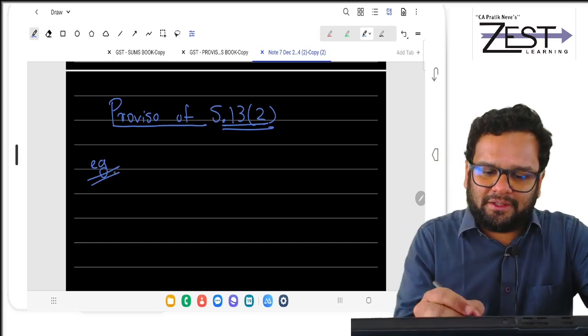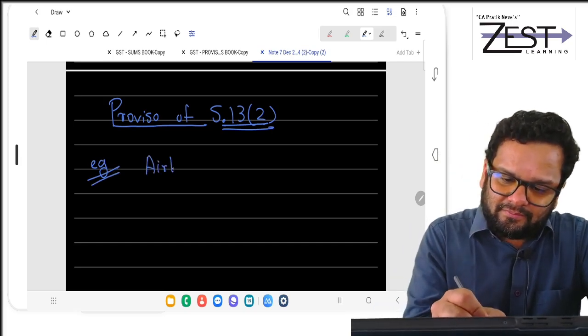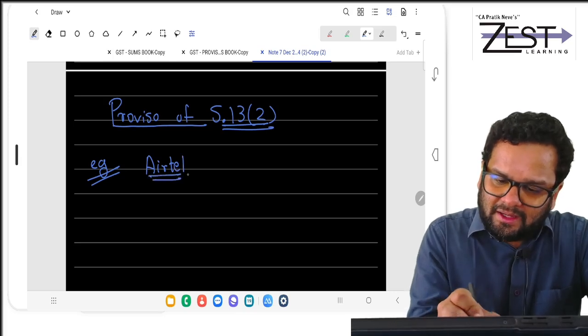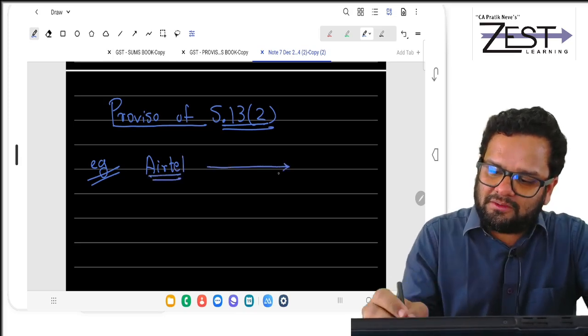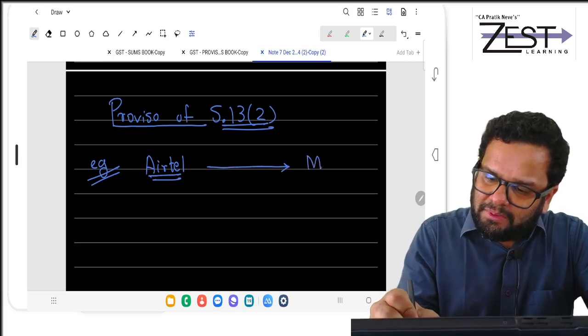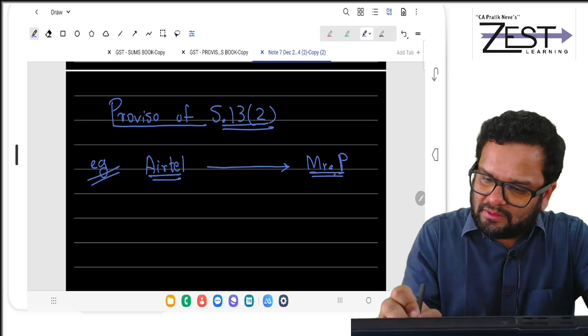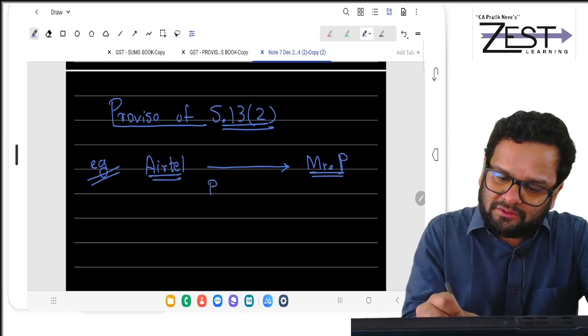Okay, what happened? There is Airtel, and Airtel made a bill on me. It's a postpaid connection.